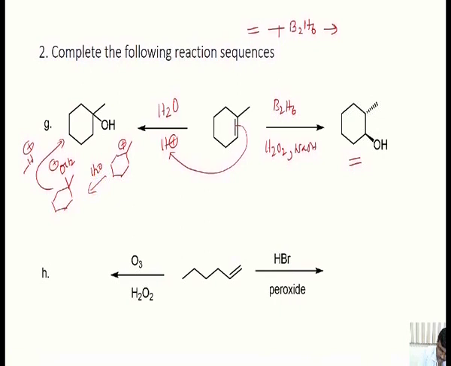The reaction is stereospecific. The borane approaches from the less hindered side.